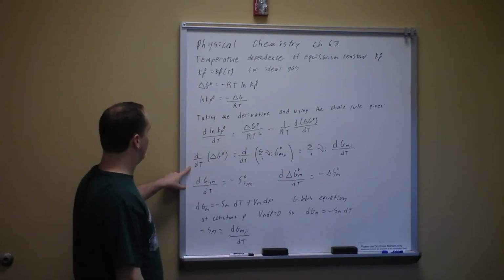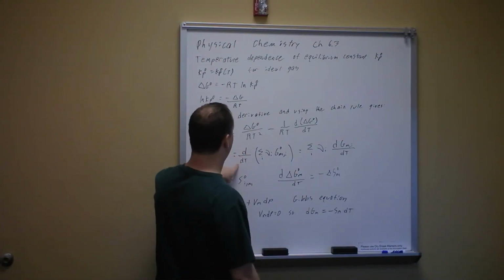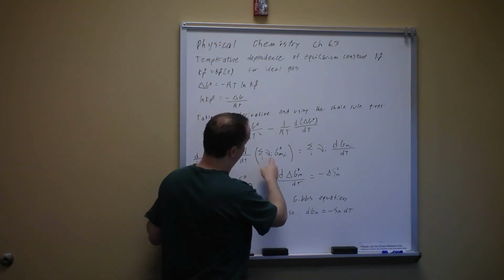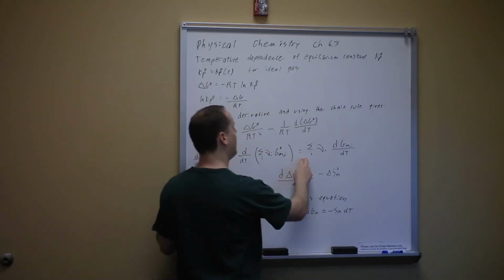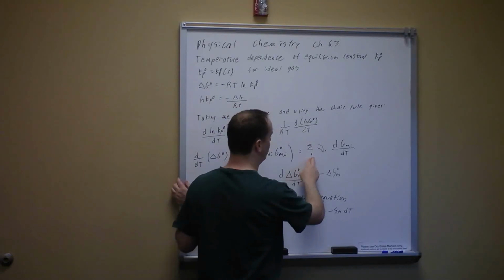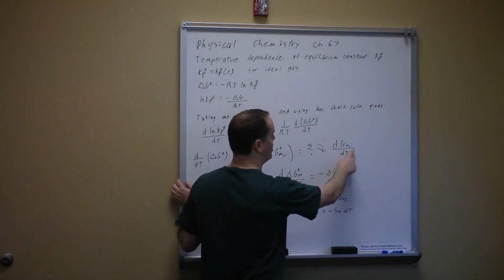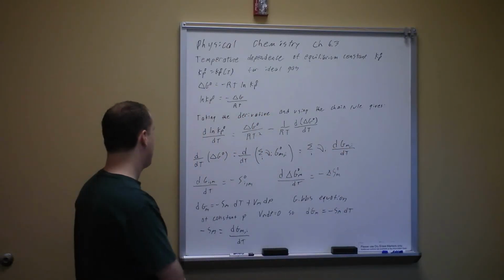So we know that the derivative with respect to temperature of delta G naught is equal to the derivative, with respect to temperature, of the sum over i of nu i times the molar Gibbs free energy of all those substances i. And that can just be written as the sum over i of nu i times the derivative of the molar Gibbs free energy for each substance i with respect to temperature.